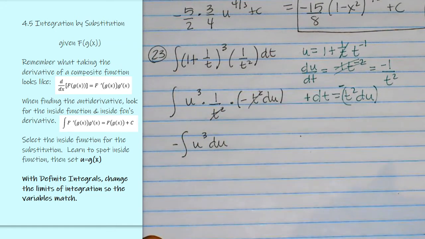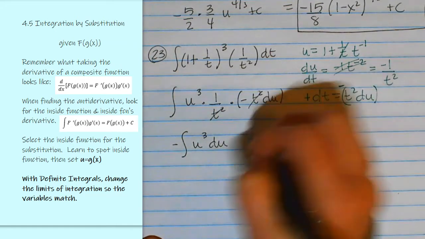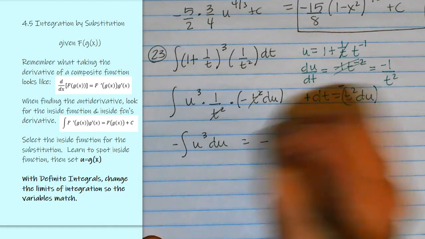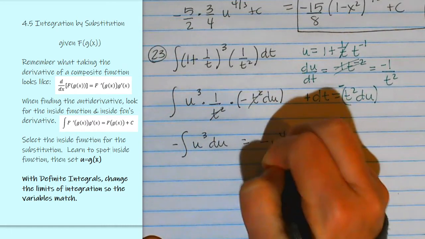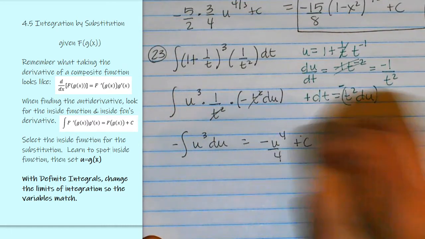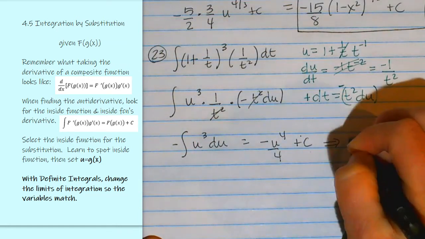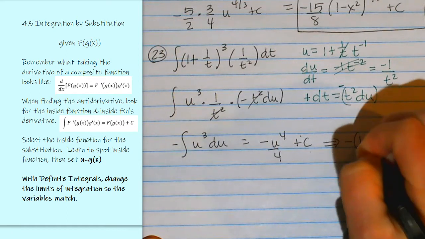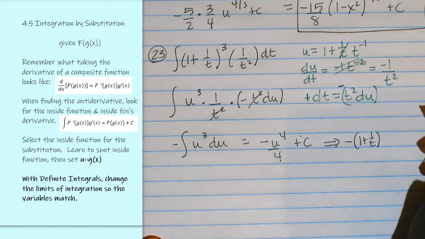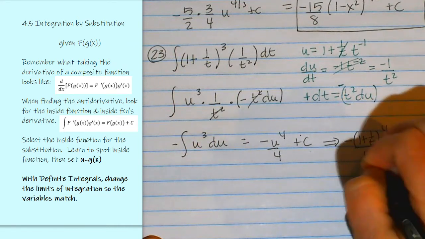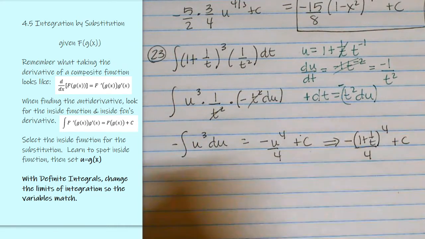It's now all in terms of u, so we can integrate. And that'll be negative u to the fourth over 4 plus c, which when we substitute in is going to be negative (1 plus 1 over t), that was my u, to the fourth over 4 plus c for 23.